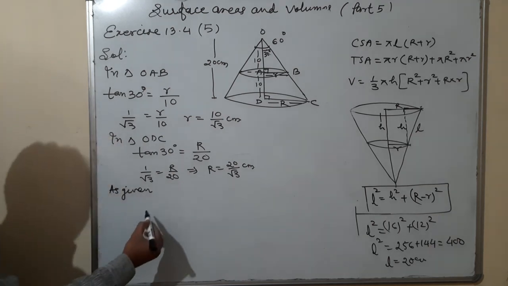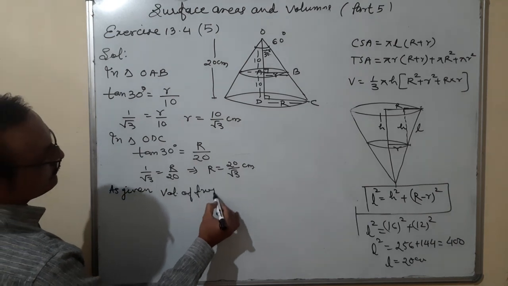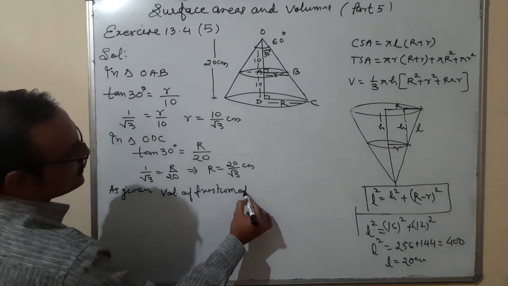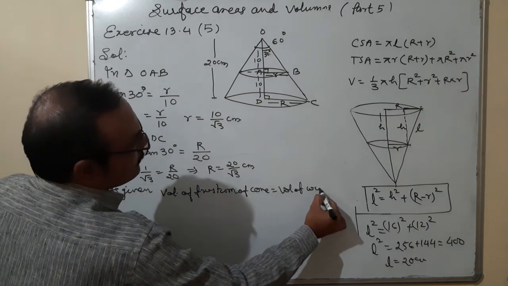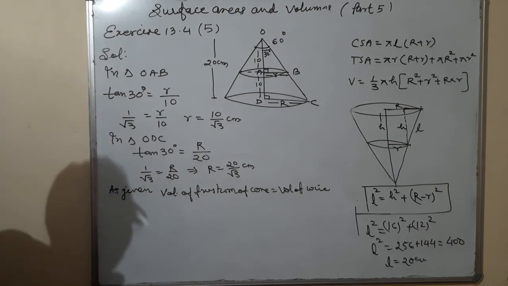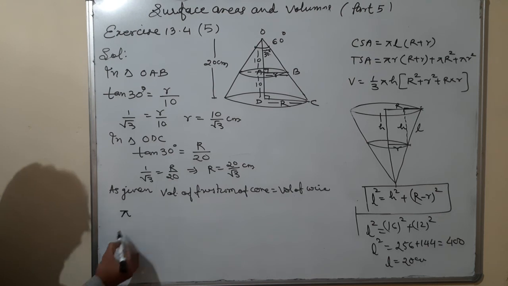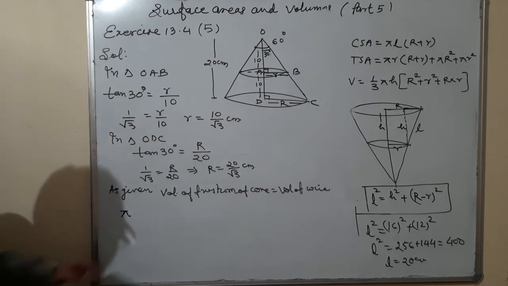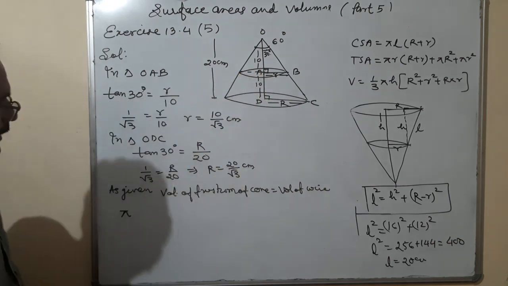Volume of frustum of cone is equal to volume of wire. The height of the frustum is 10.